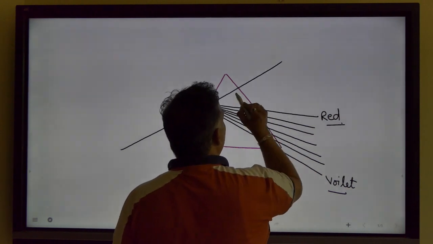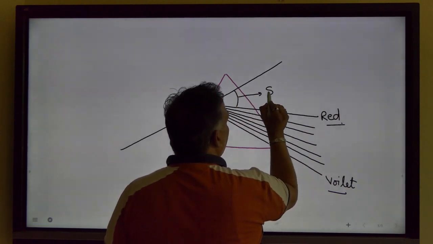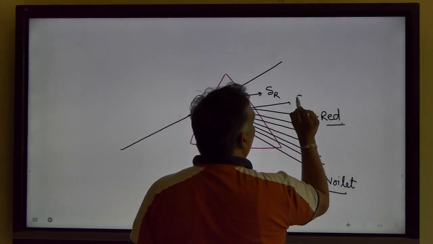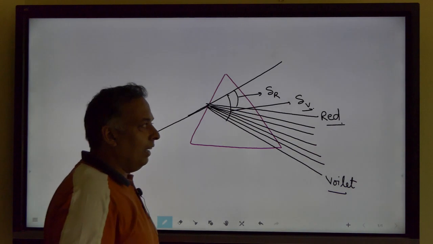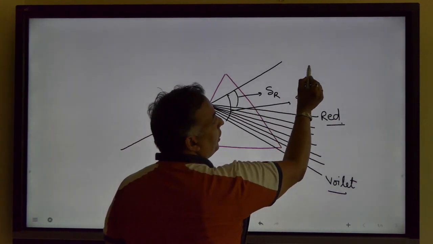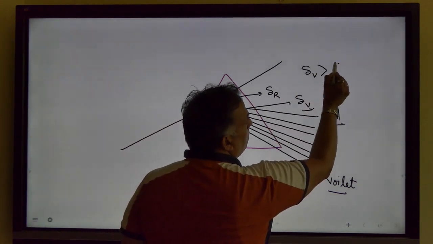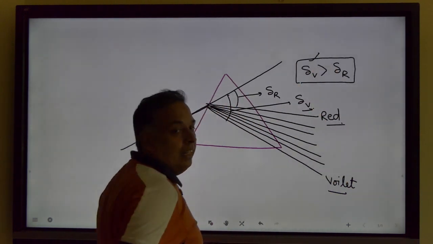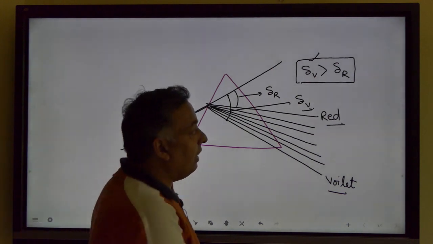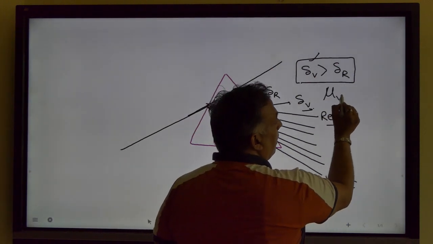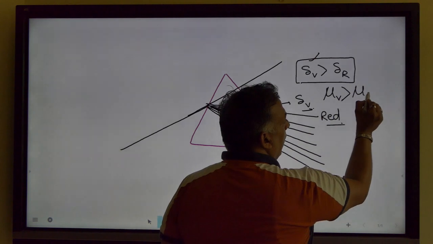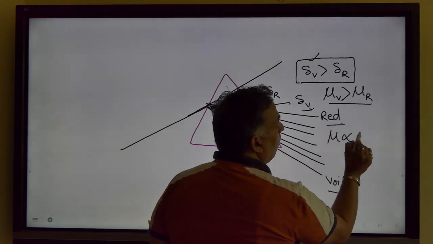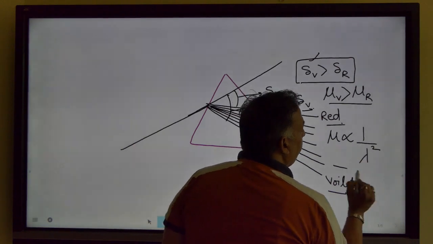If I pause it, this is the angle of deviation for red, and this is the angle of deviation for violet. So the angle of deviation for violet is more as compared to red. This means the refractive index for violet is more than for red, so the refractive index is inversely proportional to wavelength.